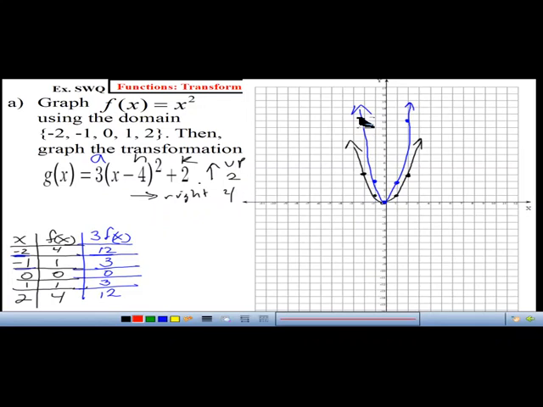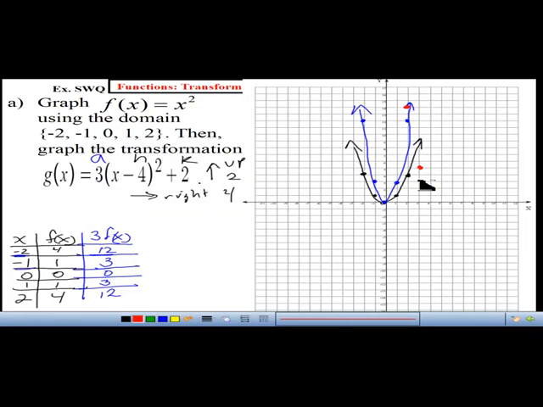So I'm going to start with this point up here. I'm going to move it 4 to the right and 2 up. So I go 1, 2, 3, 4, 1, 2, and I place it right there. I'm going to leave that in red. Let me go to my next point on the blue one, because that's the one we're moving, right? So I'm going to do that again. 1, 2, 3, 4, 1, 2. This one. 1, 2, 3, 4, 1, 2.